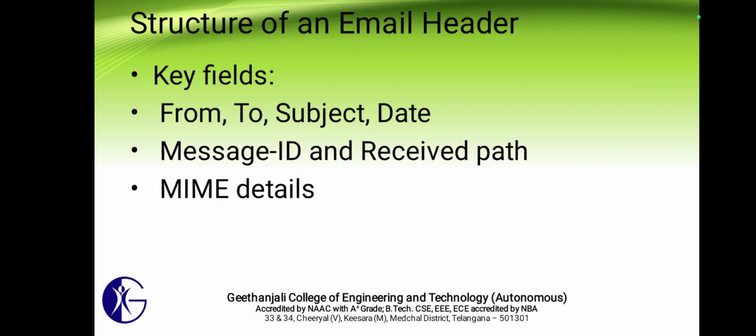Forensic analysts use this data to trace the message's origin, verify authenticity, and detect spoofed or altered headers. By comparing the path and timestamp, they can determine whether an email originated from a legitimate or malicious source.